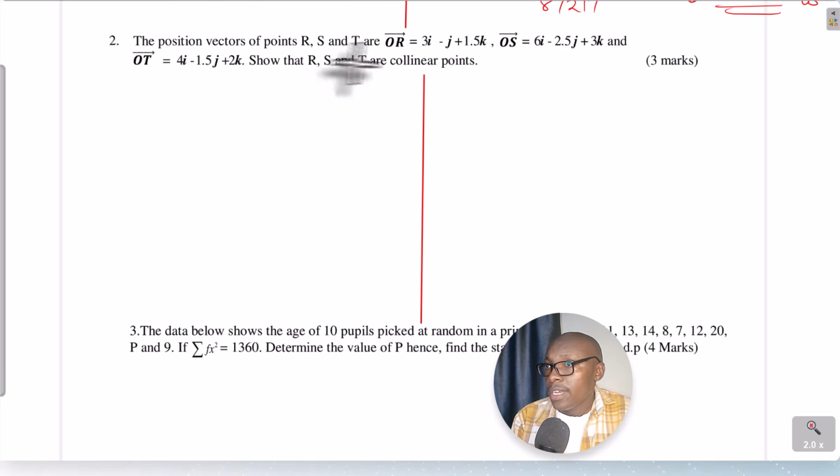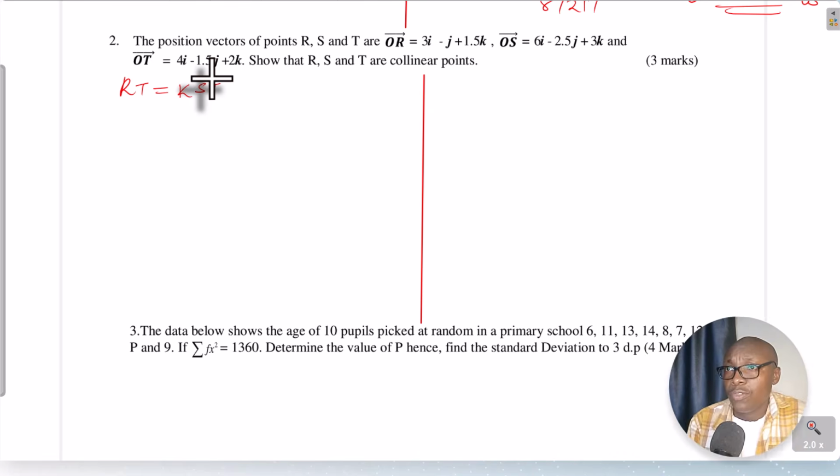So to show R, S, and T are collinear, we simply need to form any two vectors. For example, I can form RT equals a certain scalar times ST, so RT is equal to KST, or you can form any other that you find convenient.